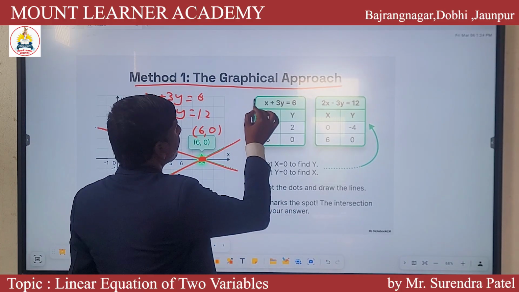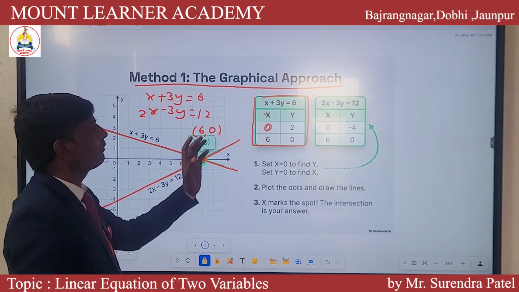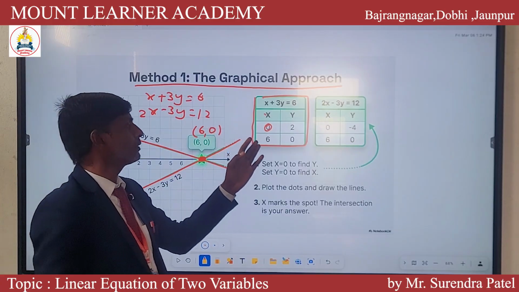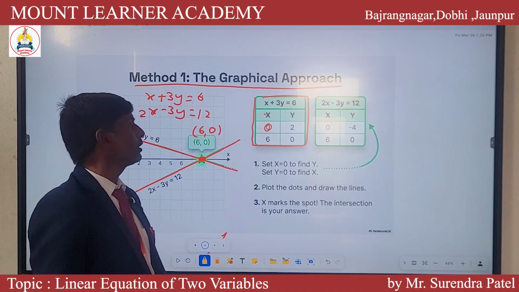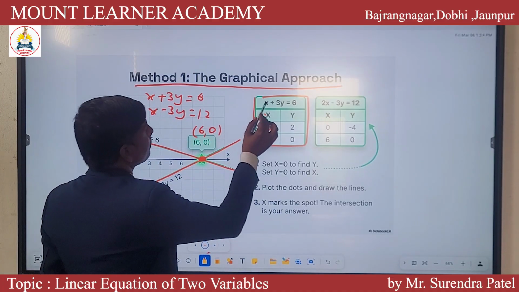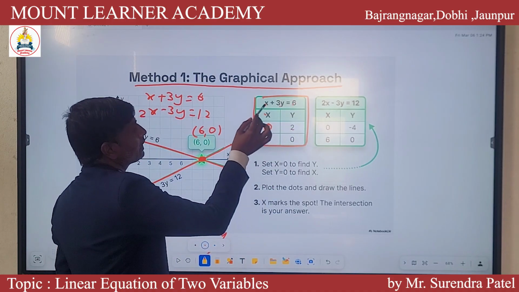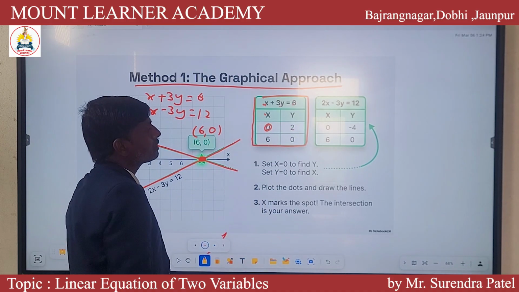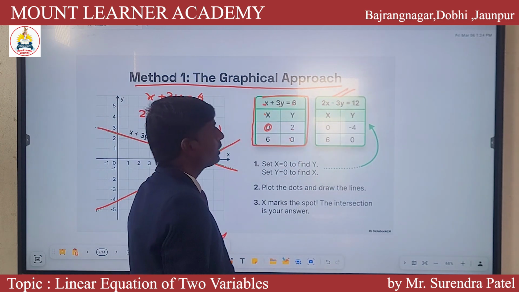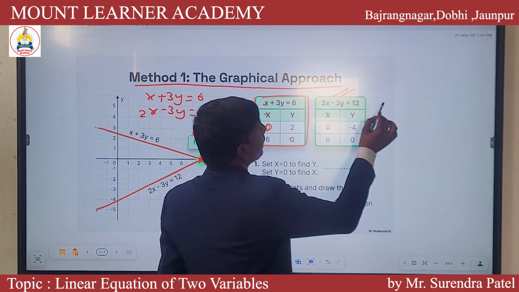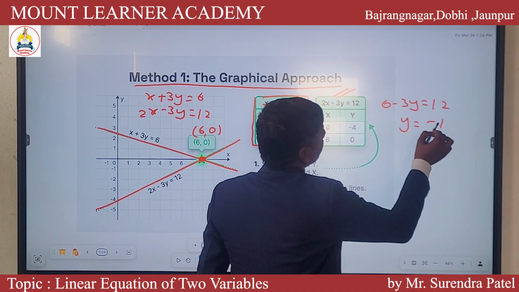For this we make a table. Putting the value of x as 0, we get the value of y as 2. And if we put x is equal to 6, then we get y is equal to 0. Similarly for the second equation, if we put x is equal to 0, then 0 minus 3y is equal to 12, and we find y is equal to minus 4.